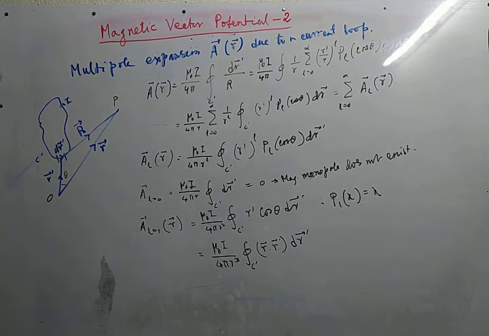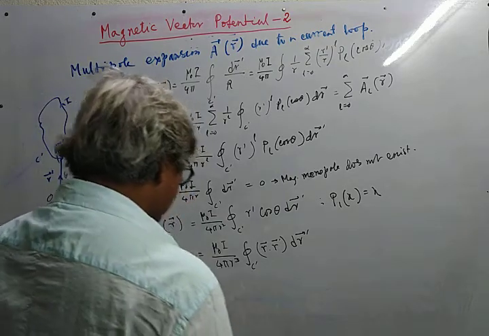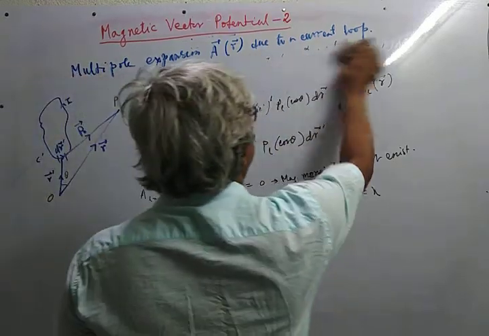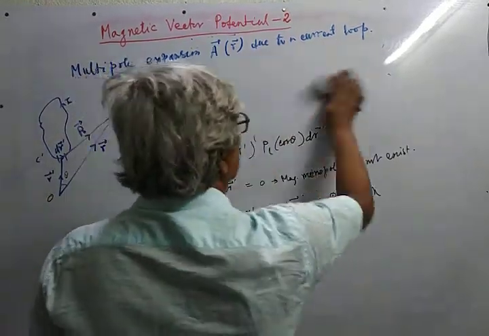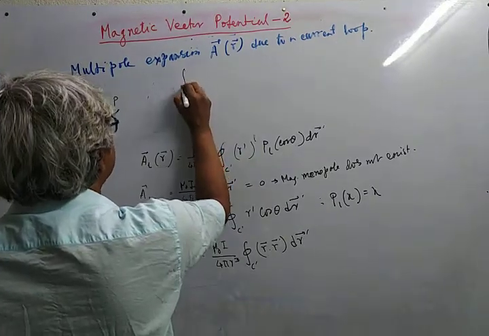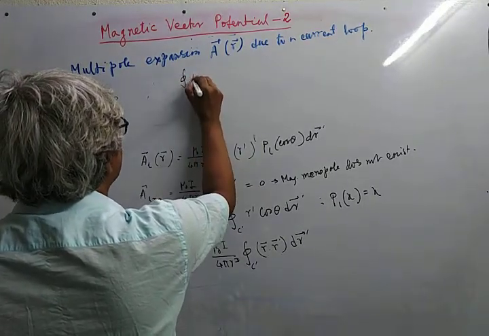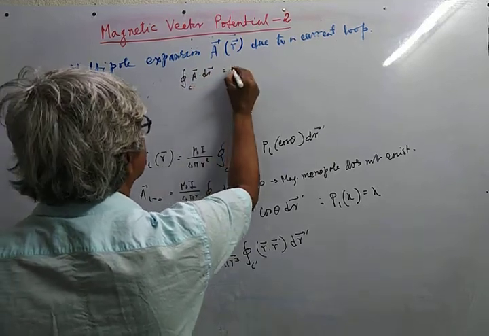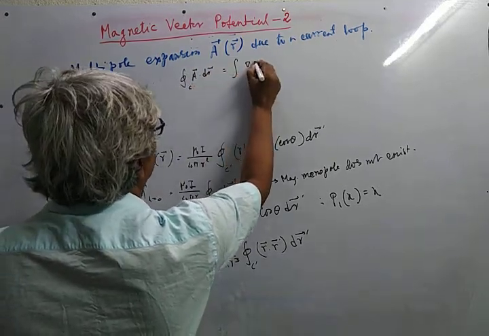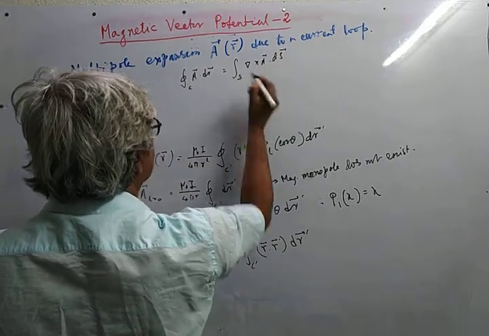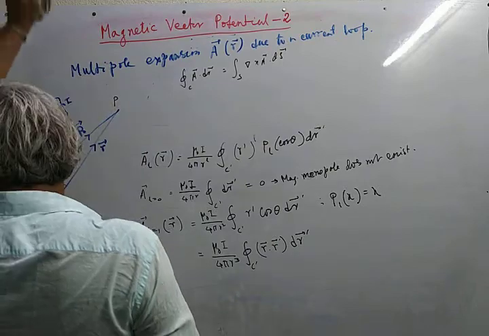Let me consider a special case of Stokes theorem. Now we know that the Stokes theorem in its original form is: integration of A dot dr over a contour C is equal to the integral of curl A dot ds, where S is the surface bounded by the contour.